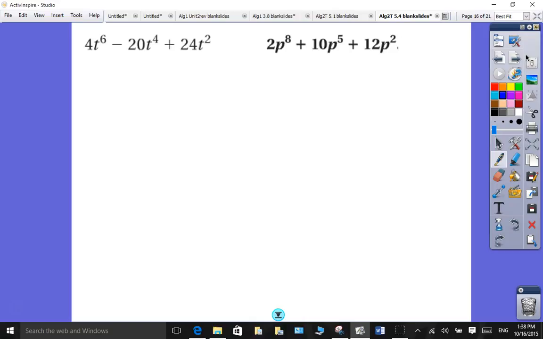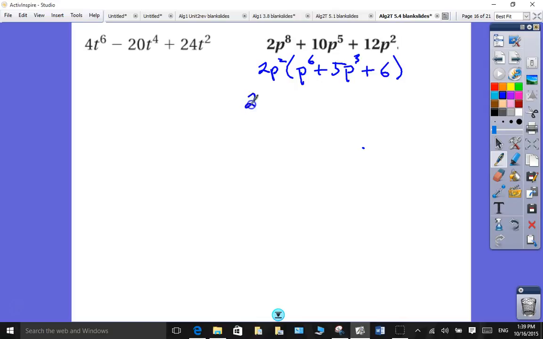So I'm going to do the one on the right. It's similar enough to the one on the left, but you'll do the one on the left. So what's the greatest common factor on the right? 2p squared, right? So when I factor that out, 2p squared, okay, what's left inside is p to the 6th plus 5p to the 3rd plus 6.